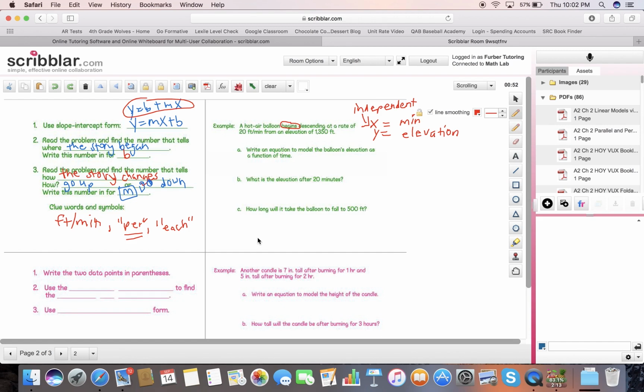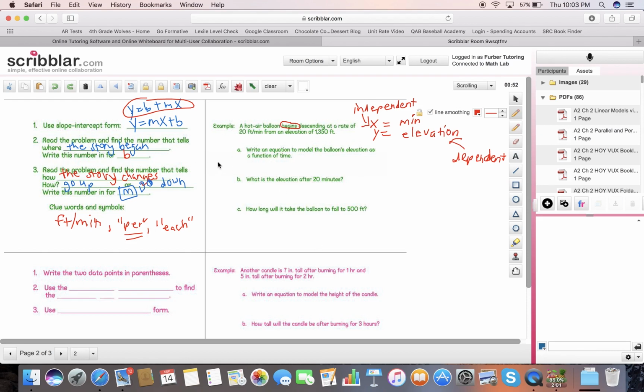Anything that you control is your independent variable. The elevation is your dependent variable because the elevation depends on what you do with the air, okay? Am I going to allow it to descend, or am I going to keep air filled in it and not descend? So the dependent variable, the elevation, depends on what you do per minute, okay? What you're doing with the air.